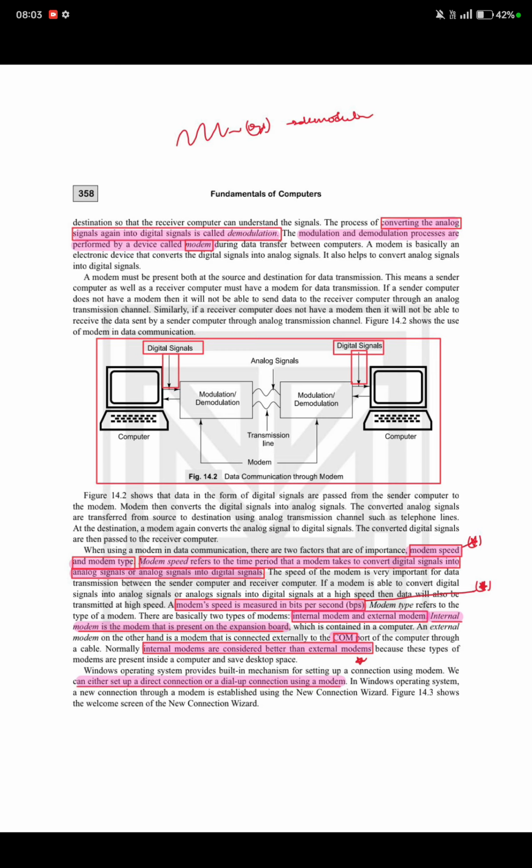An internal modem is present on the expansion board contained in a computer. An external modem is connected externally to the COM port of the computer through a cable. Normally, internal modems are considered better than external modems. We can set up either a direct connection or a dial-up connection using a modem.